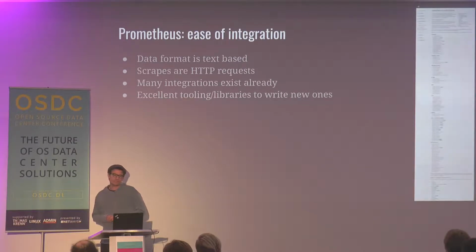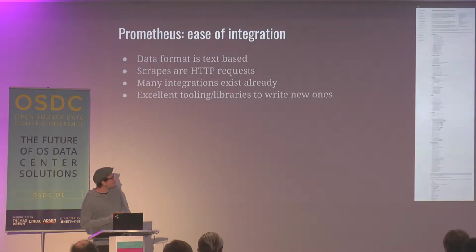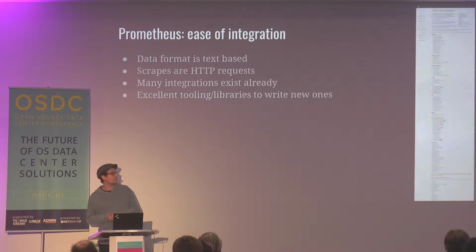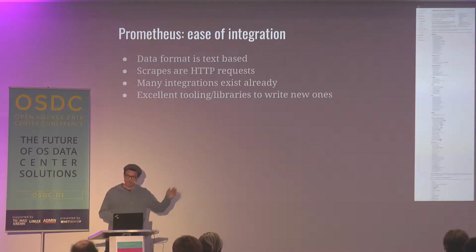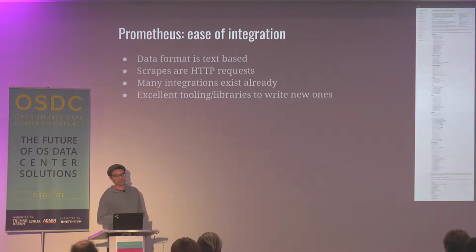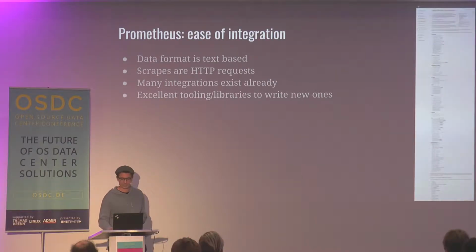Much more importantly, you rarely actually have to do this because many, many integrations already exist. And in fact, that image on the right is actually a screenshot from the Prometheus website with the list of existing integrations. So it's just to show you that there's quite a few already. Even if whatever you would like to monitor is not in that list, the Prometheus project provides excellent tooling and libraries to create new ones. And we'll also see later on just how easy that really is.